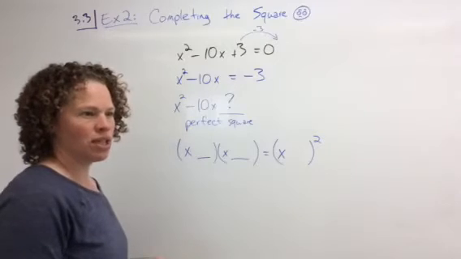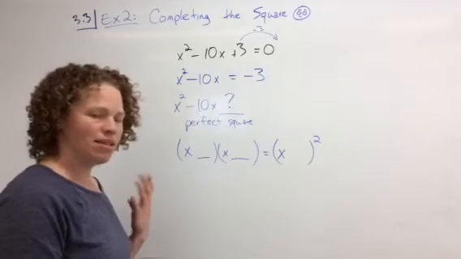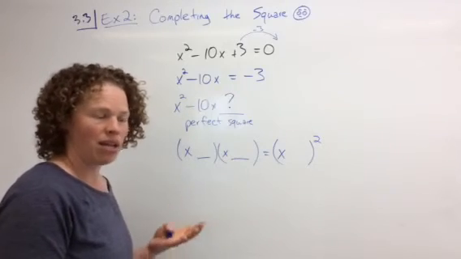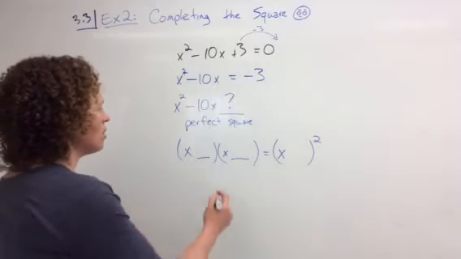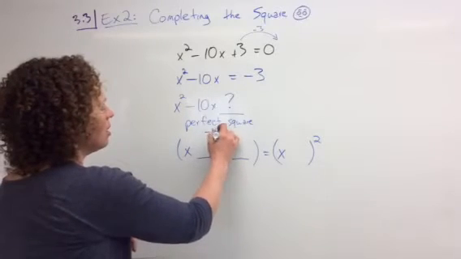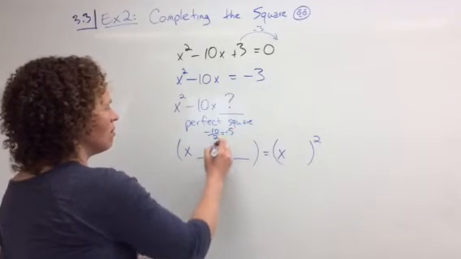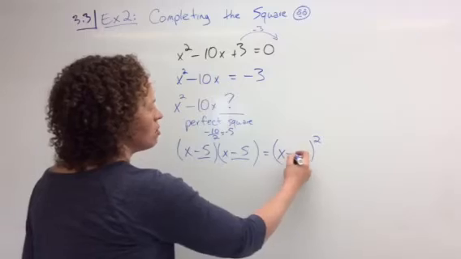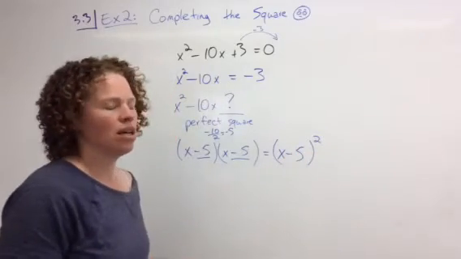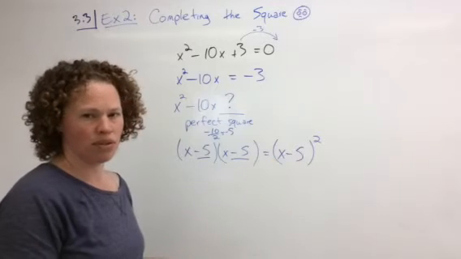So in order for us to get that middle term, these two numbers would have to be the same number and add to negative 10. So the way that we get that is we take our negative 10 and divide it by 2, which gives us negative 5. So our negative 5 goes here, which means that the little hidden perfect square is x minus 5 squared.